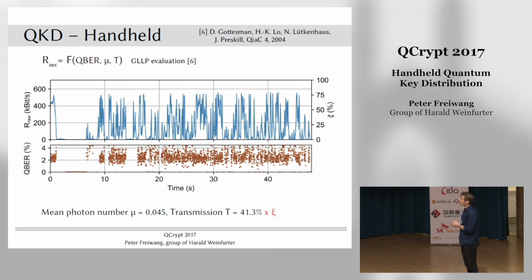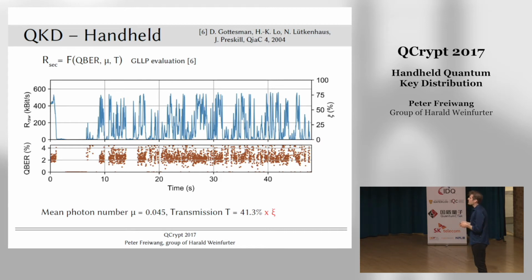You see that it would be possible to reach higher key rates or higher detection rates if we really align this carefully. And we take the sender, have a sort of aiming phase here, and then start to get some signals from the sender.